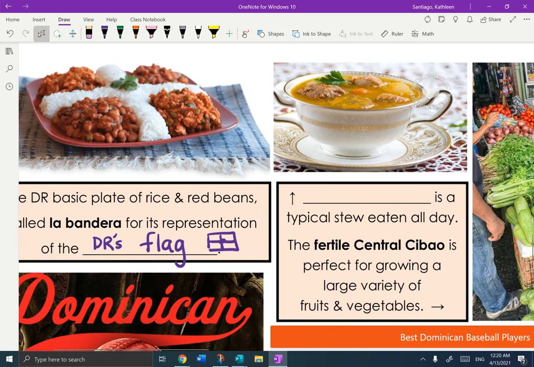Okay, moving over. So sancocho is a typical stew. It's eaten all day. It has different meats and root vegetables and usually pieces of corn. Stewed all day, eaten for breakfast, lunch, and dinner. If you've had a rough night, you go eat sancocho for breakfast.